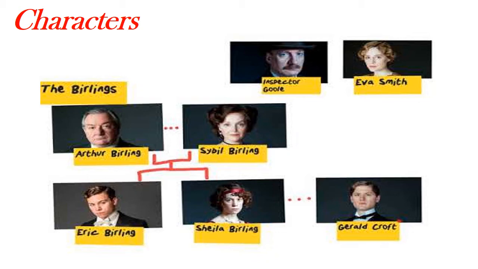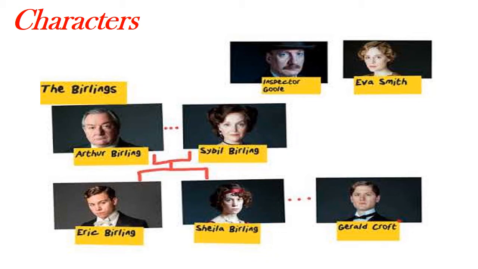Okay, let's move to the secondary character. We can find only one secondary character, that is Eva Smith, in other words Daisy Renton. As she can't be seen throughout the play, we have to consider Eva Smith as a secondary character.